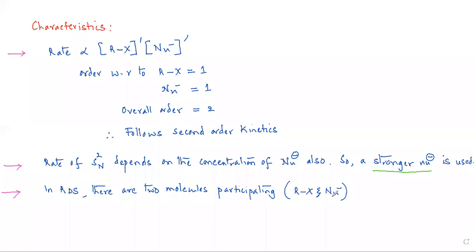Both the alkyl halide and the nucleophile are participating. So it is a bimolecular reaction. I mean molecularity is 2. Because in the rate determining step, you got 2 molecules participating.